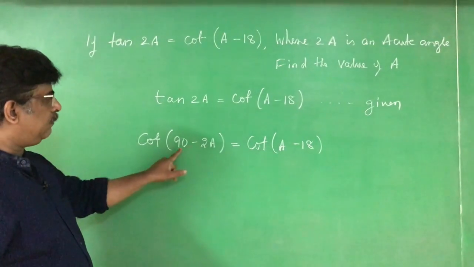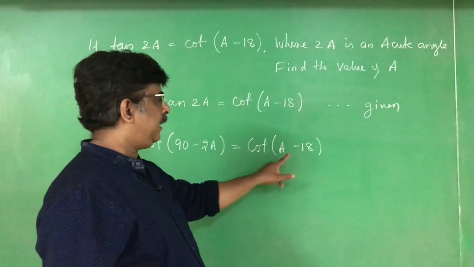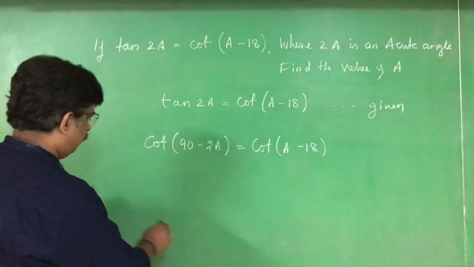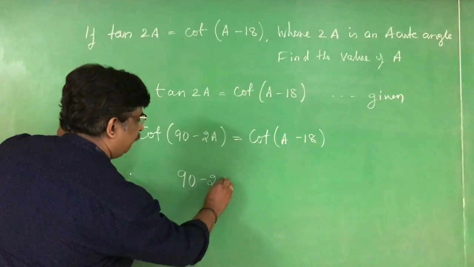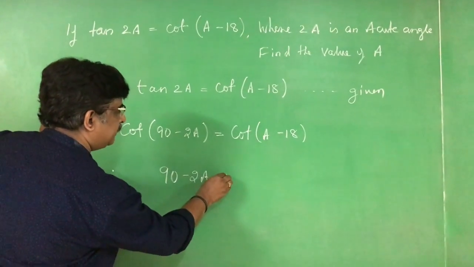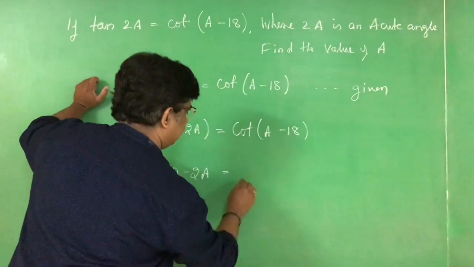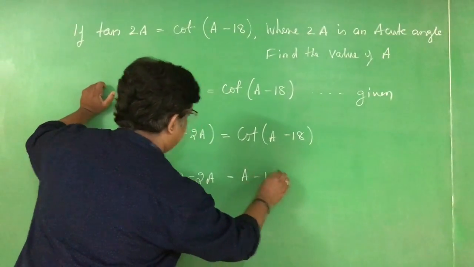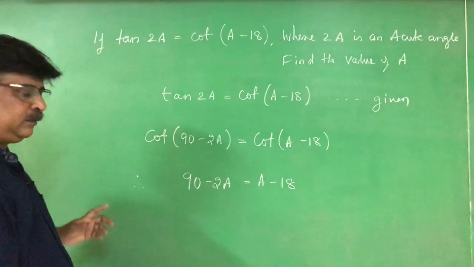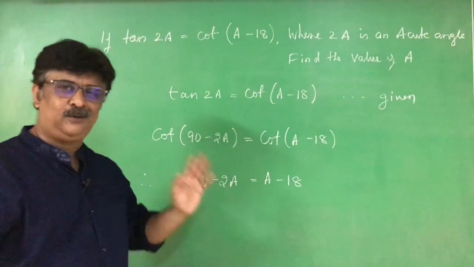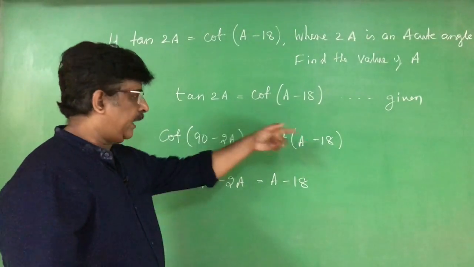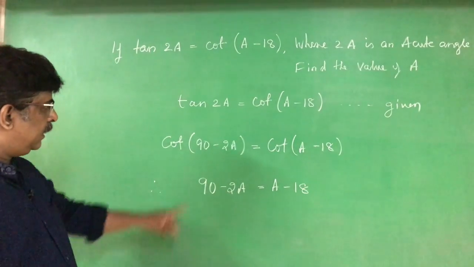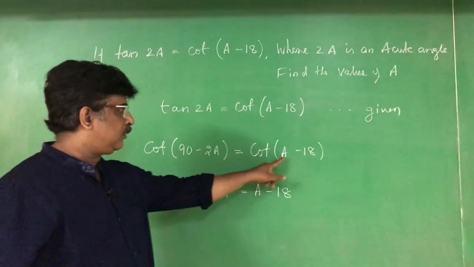This cot(90 minus 2A) is equal to cot(A minus 18). Therefore, the value of 90 minus 2A should be the same as the value of A minus 18, because both places have cot. Don't say that I remove the cot, cancel, no. Cot A equals cot A, therefore A equals A, like that, right? 90 minus 2A is equal to A minus 18.